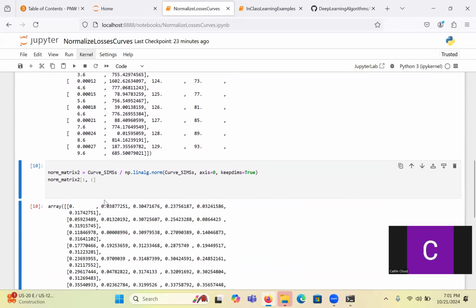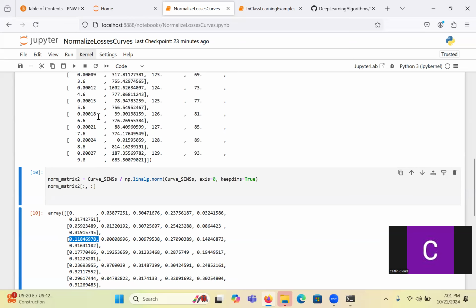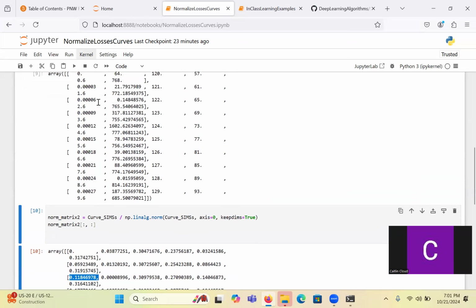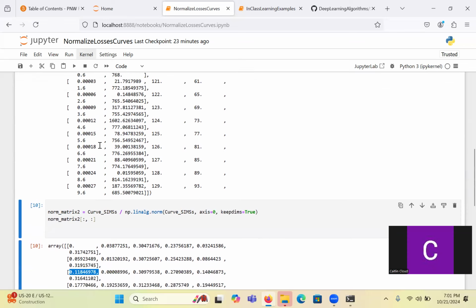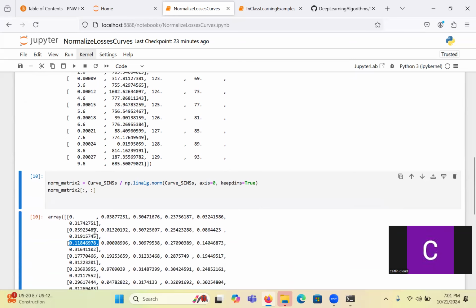The second one, 0.059. Okay, and the next one, 0.11. So 0.003 was lower, then 0.000 is higher. Yeah. And then we would want lower, then higher.